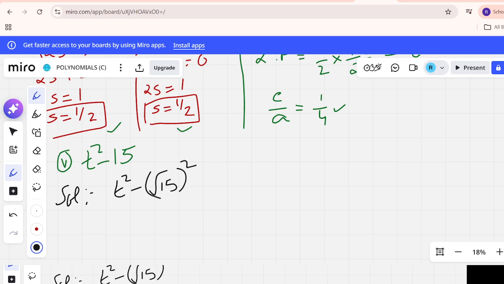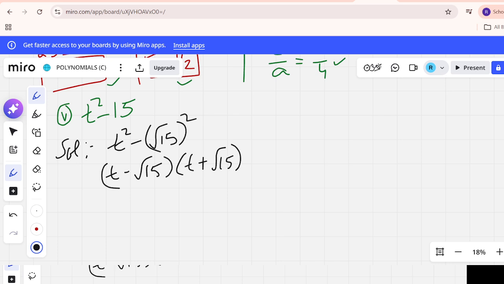Square and root get cancelled, so I get 15. So a square minus b square, it is a minus b times a plus b, by the identity.